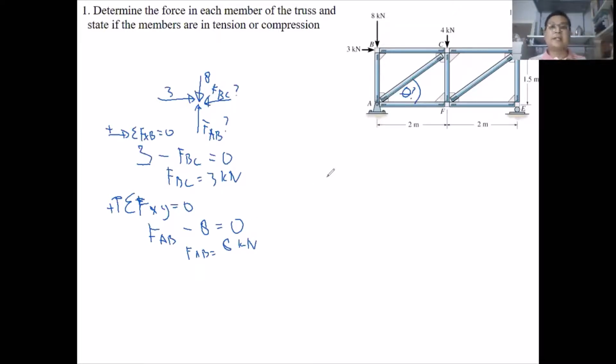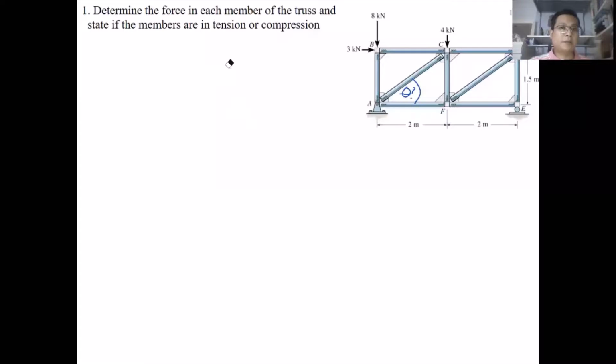After finishing the joint B, now we can go to joint A. Now we can carry out the force acting in joint A by first drawing the forces acting in joint A. This one is 3 kilonewton, right?